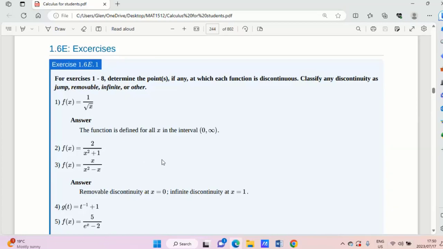Are you on number 3? Yes, number 3. On my case, I said it's discontinuous at 0, and I don't get how it is infinitely discontinuous at 1. This is what they are saying. If you place 1 where there is x, either in the numerator or denominator, what will you end up with?